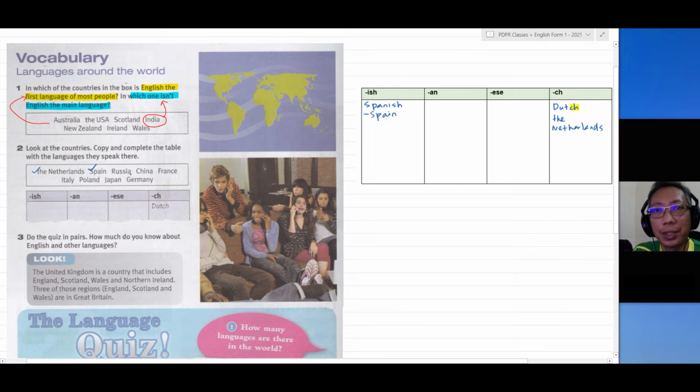Next, Russia. The language used by people in Russia is called Russian. The spelling of Russian ends with the letters AN. So you fill in inside -an, Russian, spoken by people in Russia.